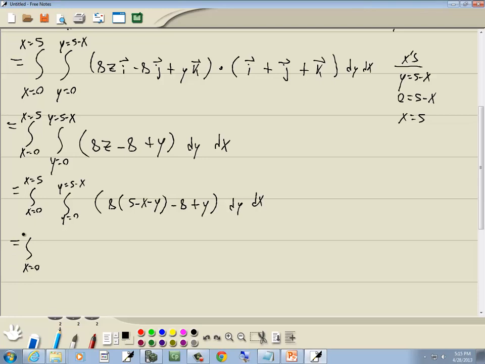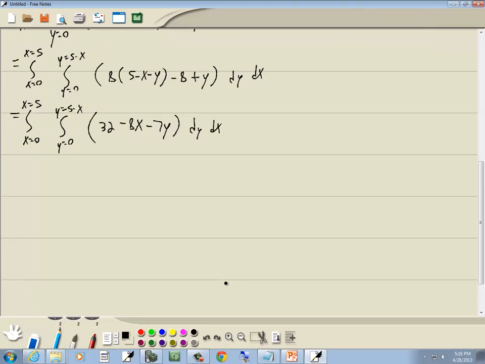Okay, x equals 0 to x equals 5. y is equal to 0 to y is equal to 5 minus x. 8 times 5 is 40, minus 8 is 32. 8 times negative x is negative 8x. 8 times negative y is negative 8y, plus y is negative 7y. dy dx.